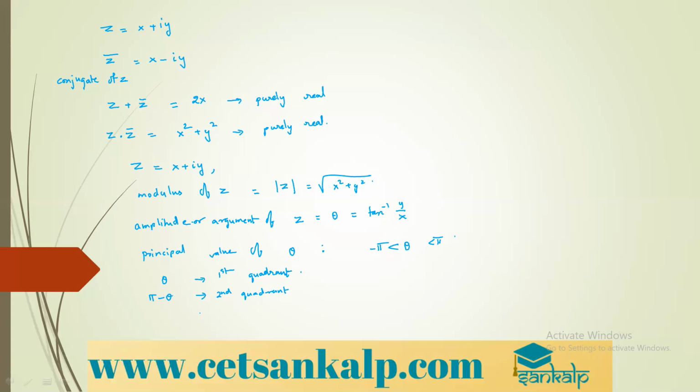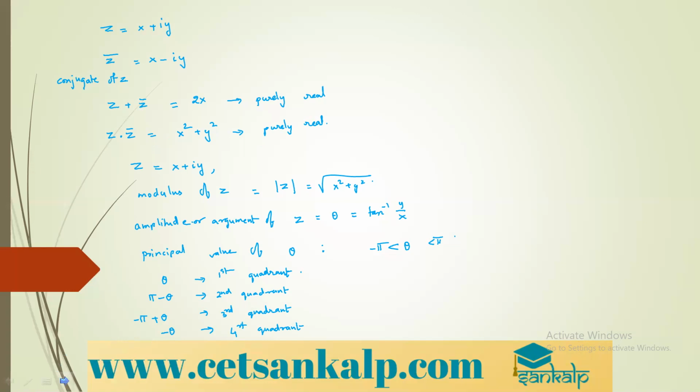If you want to measure theta in the third quadrant, then you have to take the argument as minus pi plus theta. And if theta has to be measured in the fourth quadrant, then it has to be taken as minus theta.